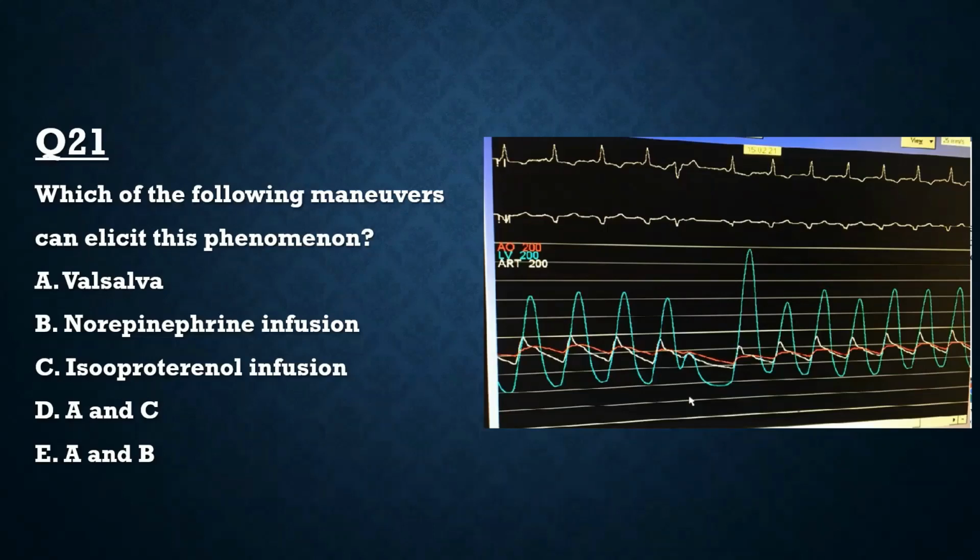But you should specify where the ectopic is from. From the ventricle, yeah, ventricular. There is a compensatory pause and a wide QRS complex, ugly, so from the ventricle.